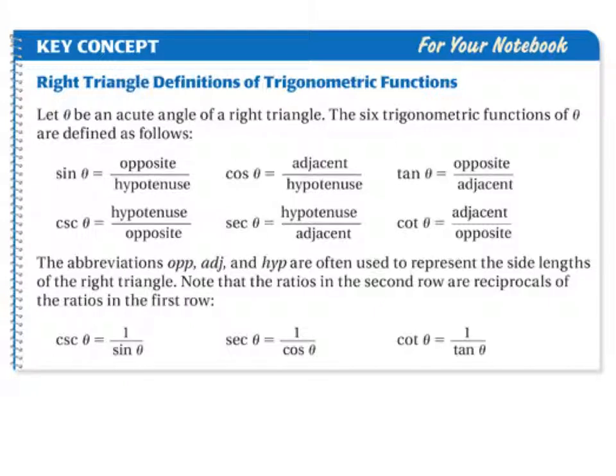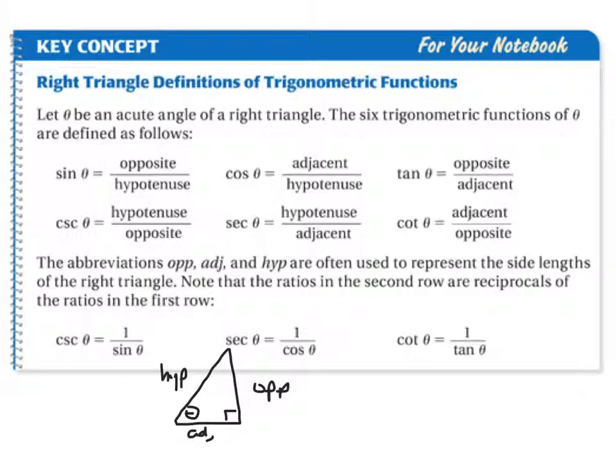The 6 trig functions are defined as follows. Let me draw a triangle down here. It's a triangle that was on the previous slide, so you have it. If that's theta, that's my right angle. This is adjacent, and this is opposite, and this is my hypotenuse.